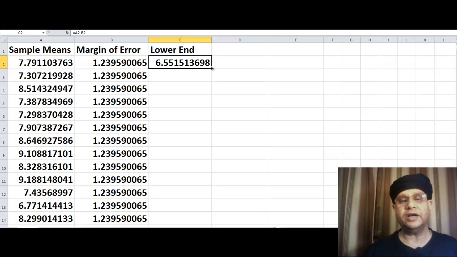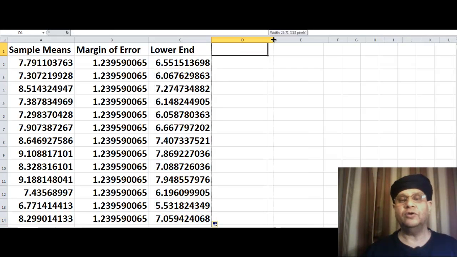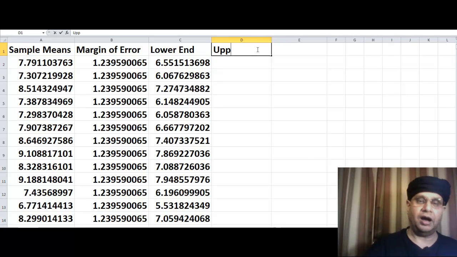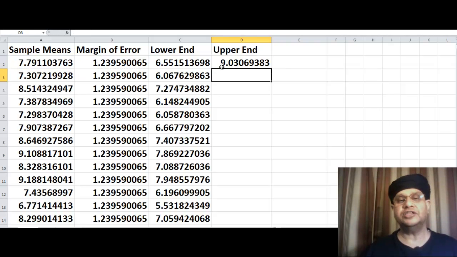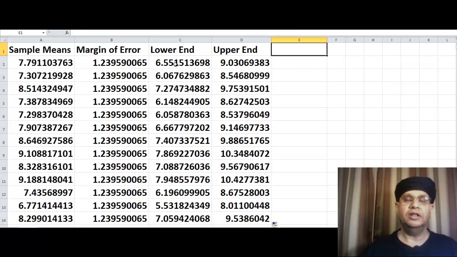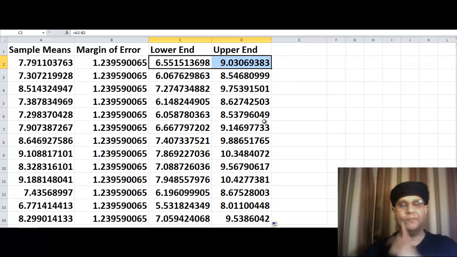So this is the lower end. Now we go to the upper end, where we take the same sample mean and add the margin of error, and then what happens? Here we go. So here are all our intervals.